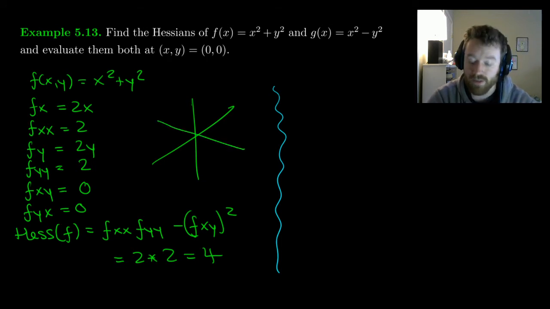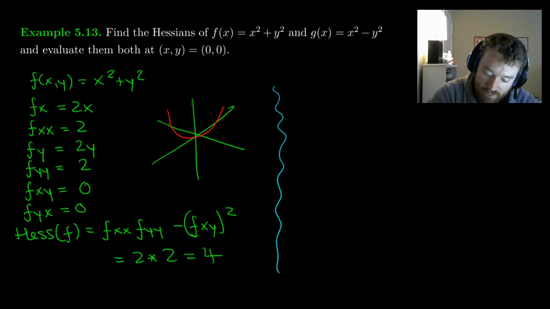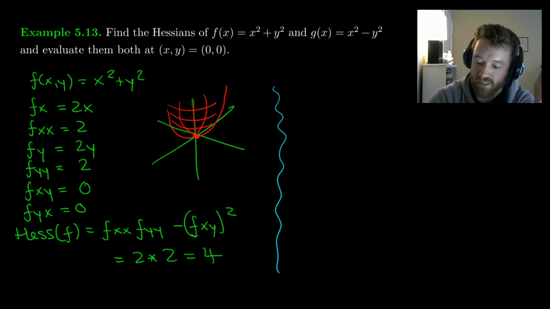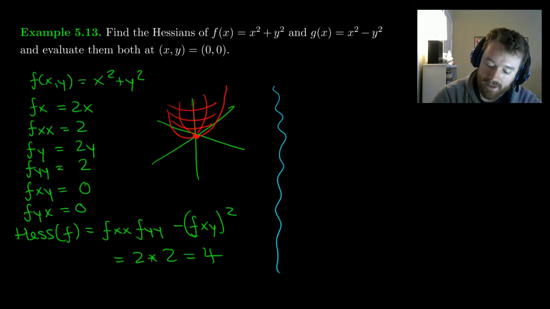We have not learned this yet. But if you look at a graph of this thing, x squared plus y squared is a paraboloid, and this is actually a local min. It is actually concave up there. And it turns out that what we've done is actually enough to show that. But that's a future endeavor for us.